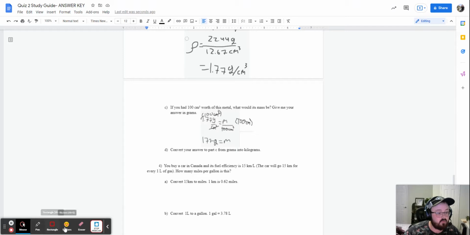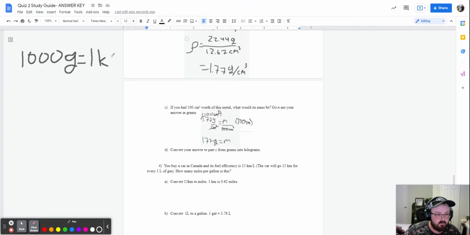So with that being said, 1,000 grams equals 1 kilogram. We have 177 grams, and we're going to multiply by our ratio up here. We're going to make the grams go on the bottom, so it'll cancel itself out, times 1 kilogram.